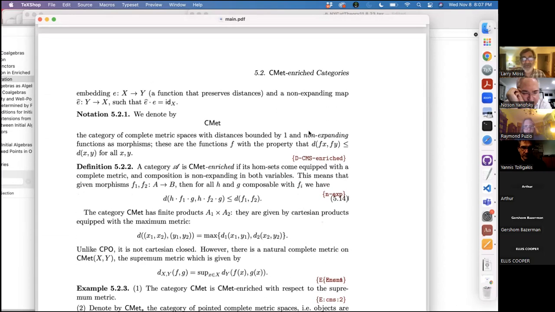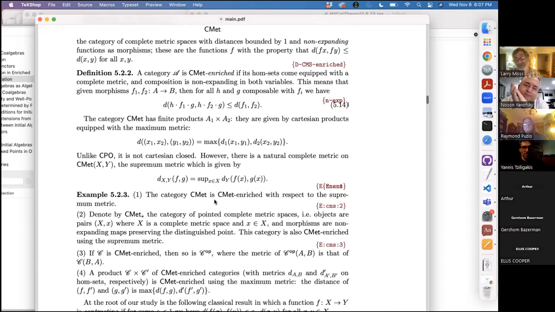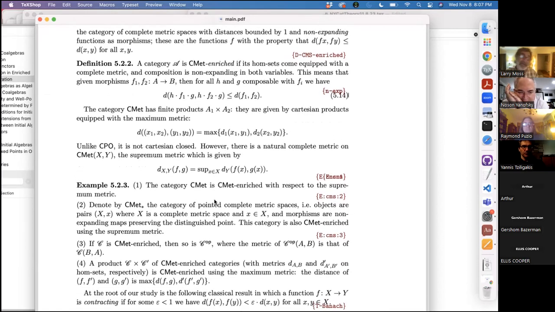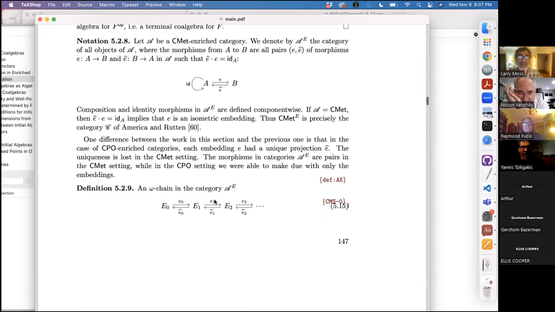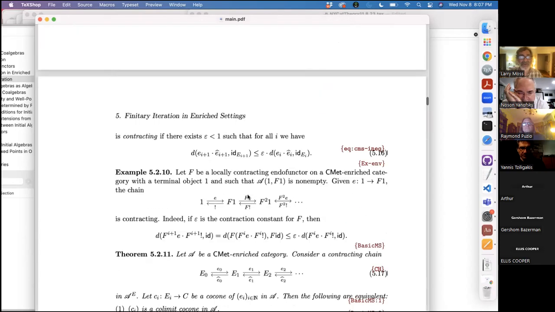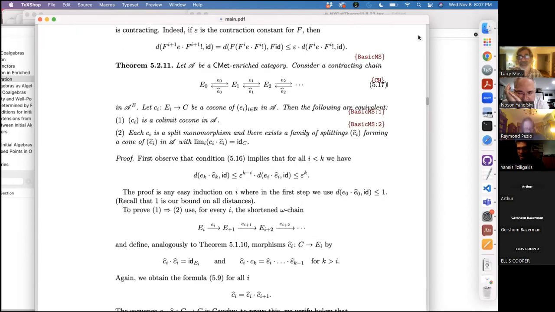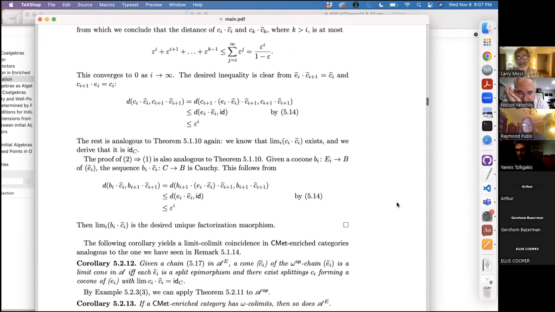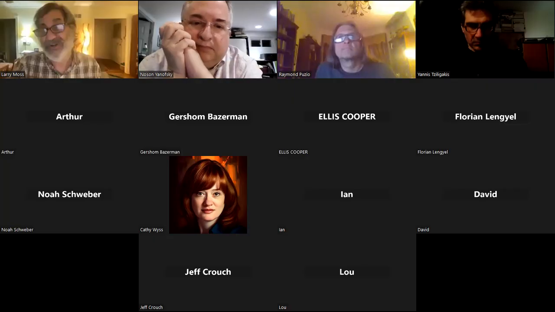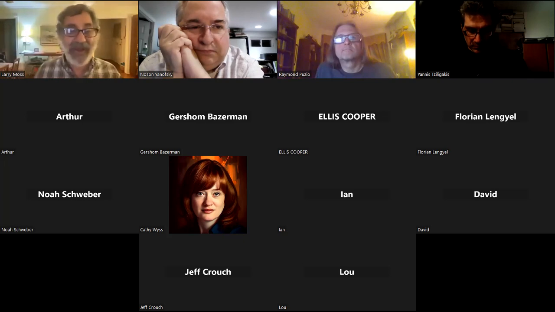The Homs have to be non-expanding functions, so that means the distance, you need various contractions, actually. You need the things to be Hom contracting or various kinds of stuff like that. But after you do this for a while, you again get a limit-colimit coincidence. In all the cases that we're aware of, they come out of 2 or 3 results. And I think by now we understand it fairly well.